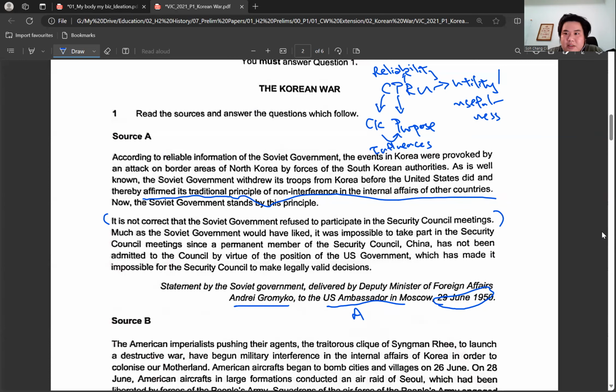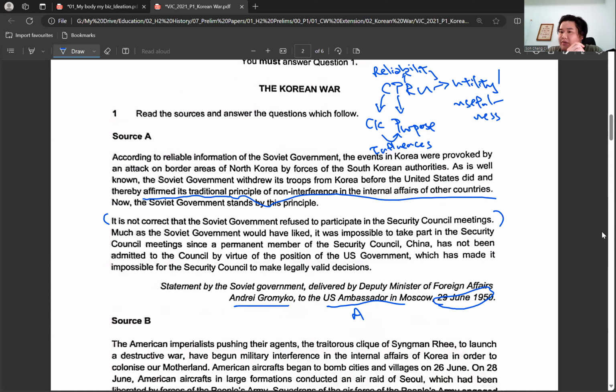And that's what makes this source unreliable, because it would inevitably focus on how little responsibility they should take for the war itself. So that's how we know that this is an unreliable source, because we know the context that influences the purpose of the source, why it's produced, what it's meant to do, and that in turn leads to the reliability.